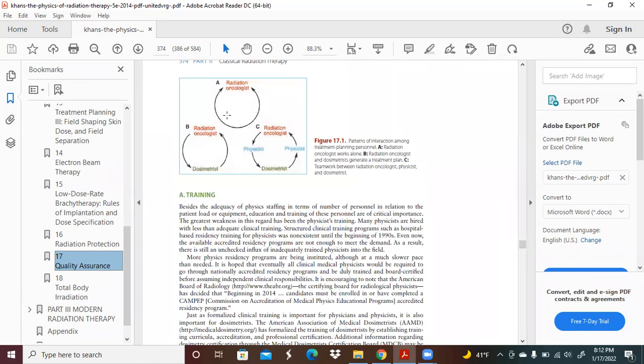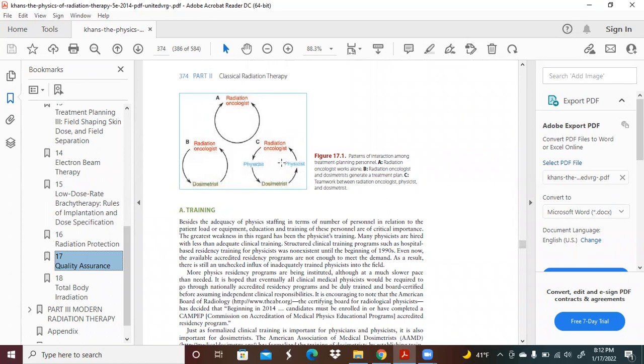Here you have several different diagrams of how things can be done in the clinic. A radiation oncologist, in my opinion, should never be left to plan his own treatment. They can prescribe certainly, and they know sort of what modality they might want to go with, but they shouldn't be in charge of putting together the plan in your planning system. They don't know enough to be able to do that.